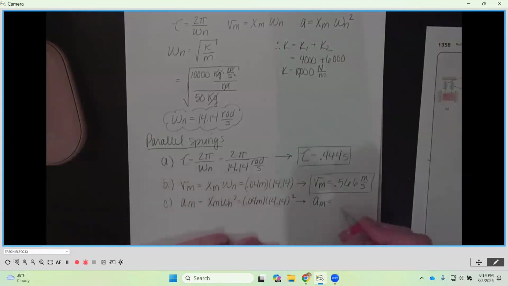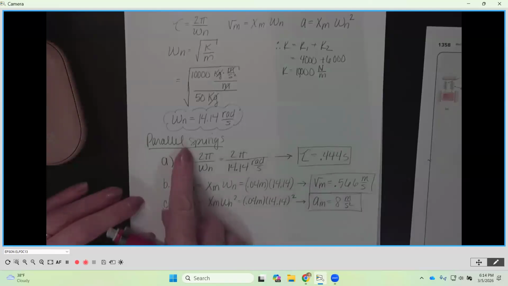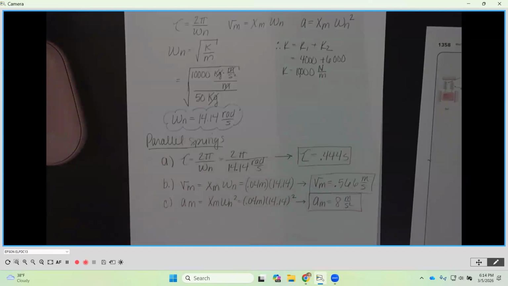You guys get 8 meters per second squared. Could someone please confirm? You did too? Okay, perfect. So these are the answers for that first arrangement for the parallel springs. Any questions on those three?